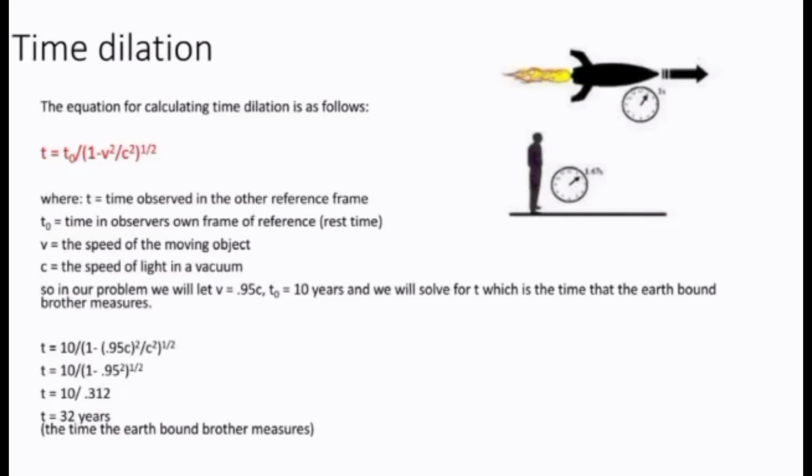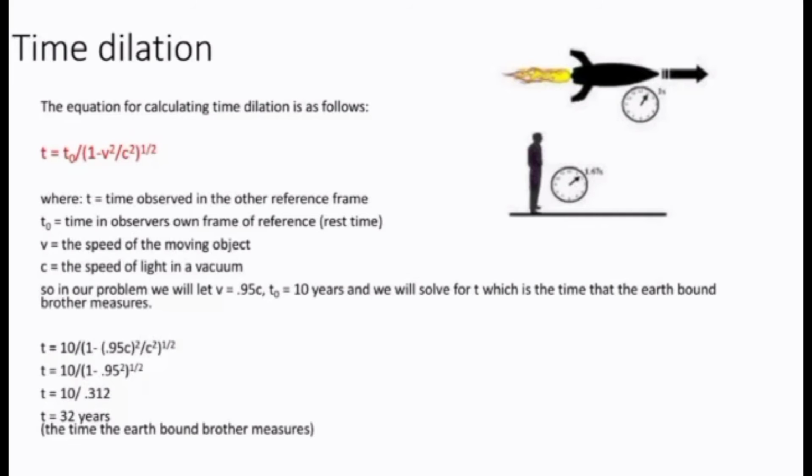However, when the astronaut reunites with his Earth-bound twin, the astronaut sees that the twin has aged 32 years. This is explained by the fact that the astronaut is traveling at relativistic speeds and therefore his clock is slowed down. Let's see how we can calculate the time difference.